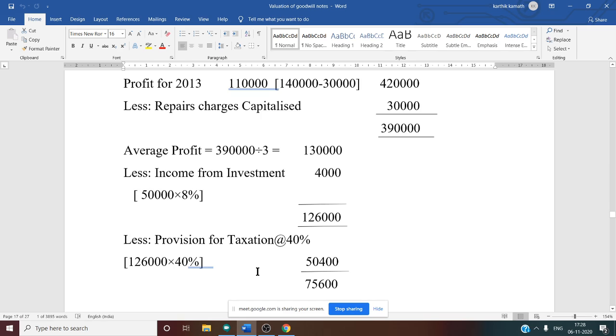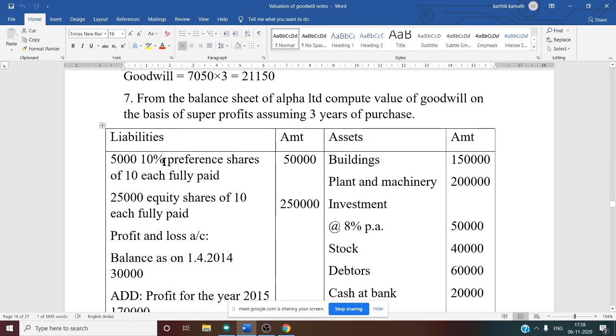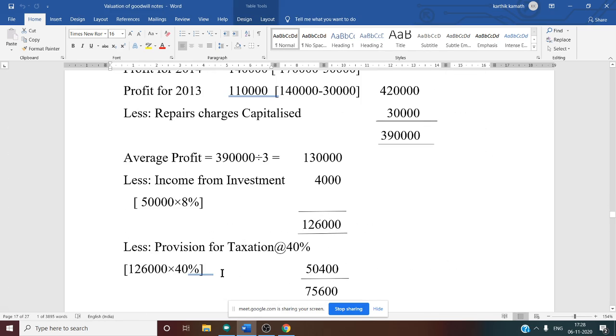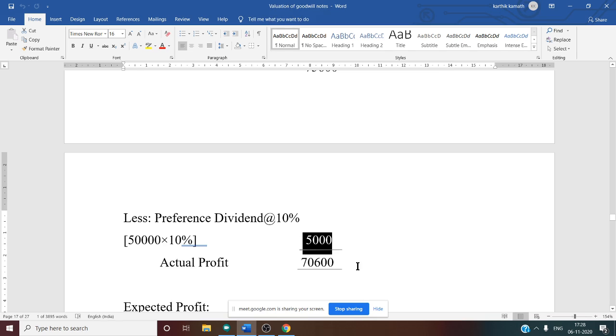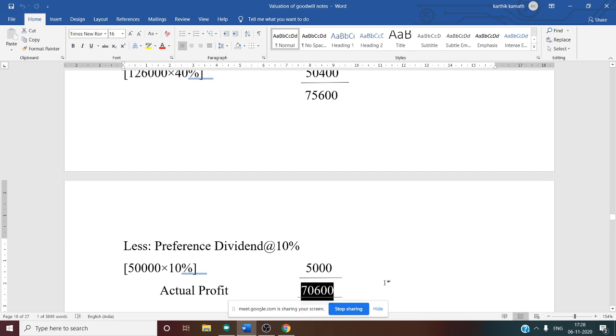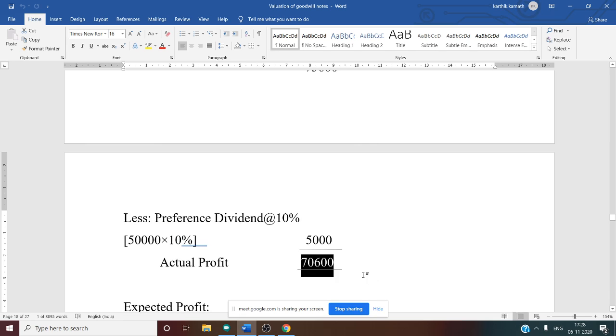What is the rate? Rate is given in the balance sheet, that is 10%. Yes, so 50,000 into 10% you do, you will get preference dividend for 1 year, that is 5,000. After doing all the adjustment, you will get actual profit. Actual profit, that is 75,600 minus 5,000, that is 70,600. Yes, this is our actual profit.